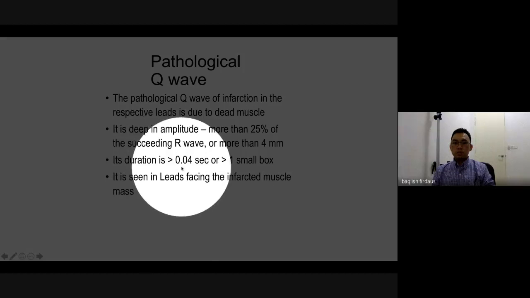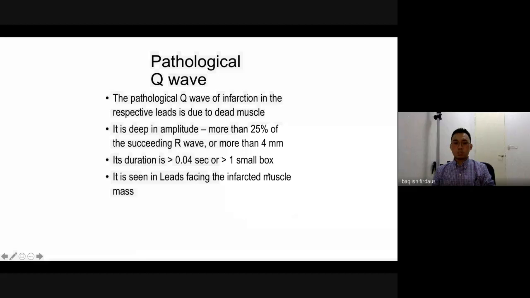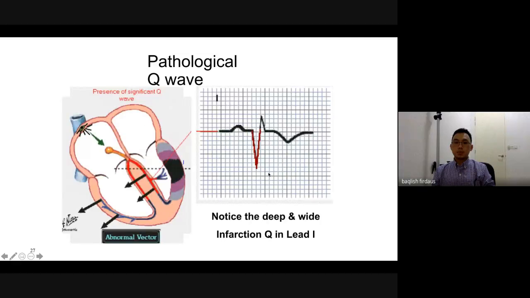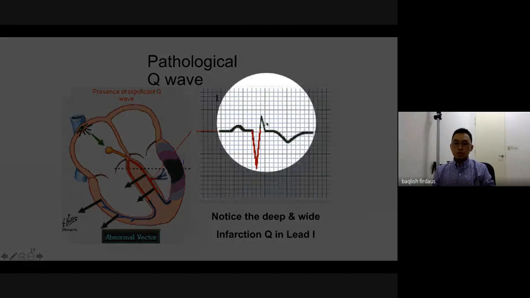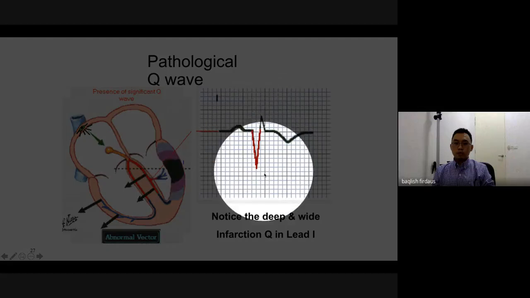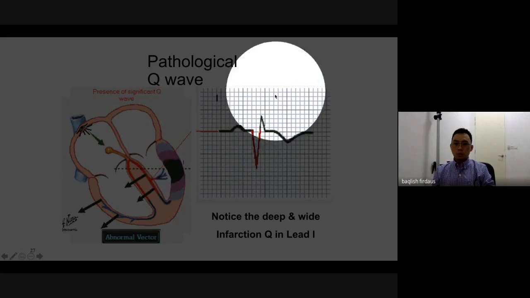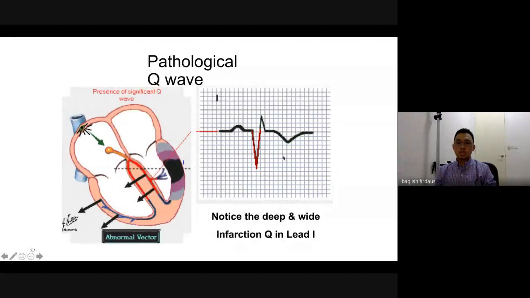The duration is more than 1 small box. So this is a pathological Q wave.